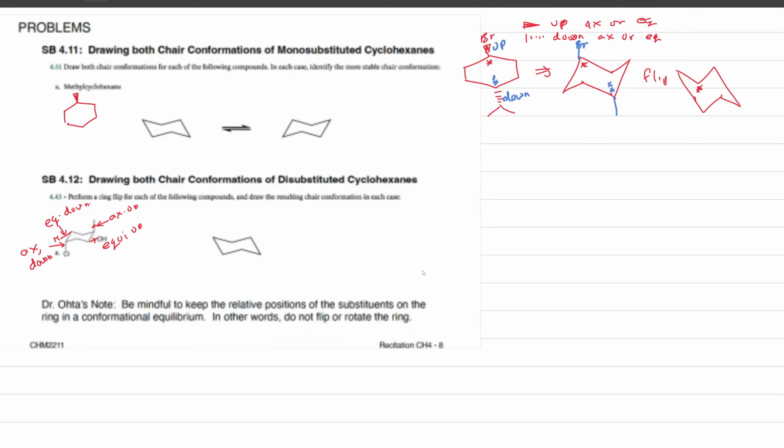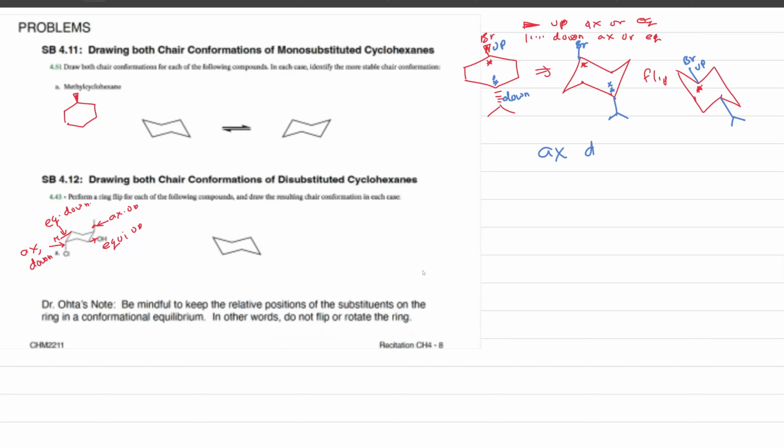But what's on the axial? The tert-butyl. So then if you flip it, that's when it can become equatorial. It becomes equatorial, but it keeps its upness, and this one keeps its downness. That's the idea.